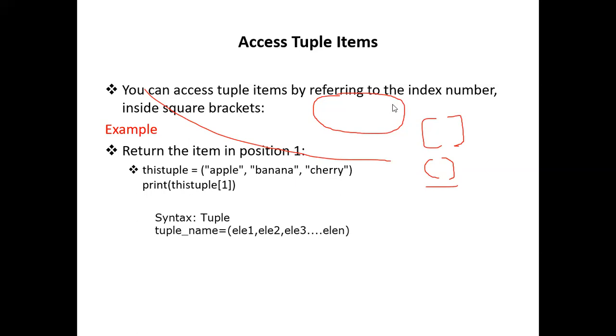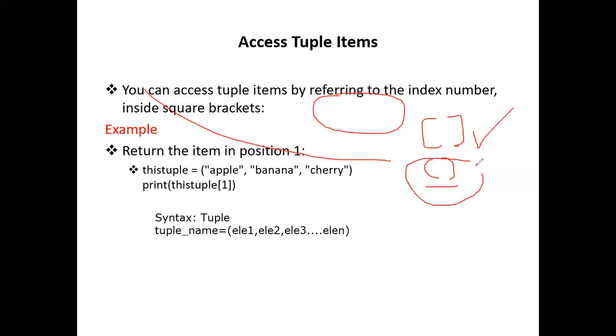Accessing tuple elements. How can we access? By using index numbers only. We have to use square brackets for accessing elements. So that's the one thing you have to remember.